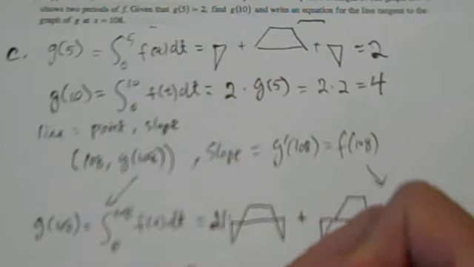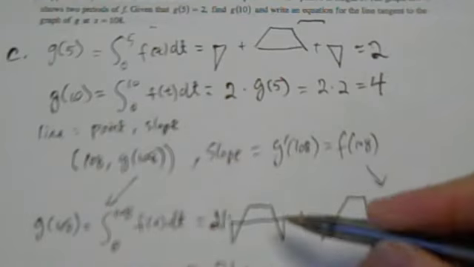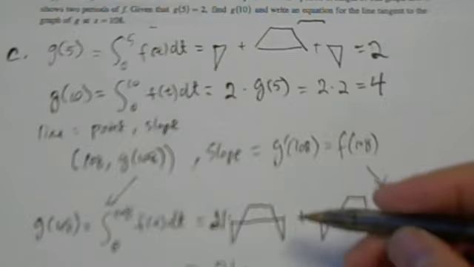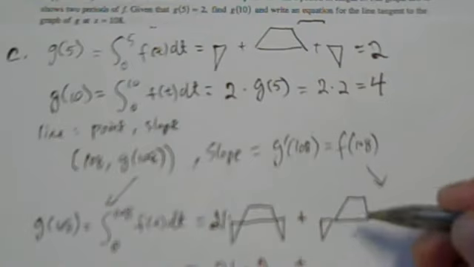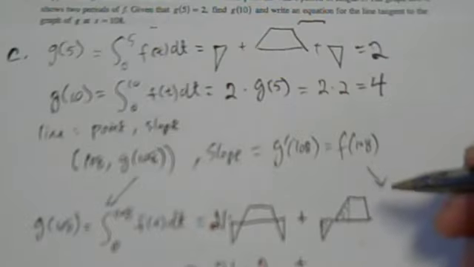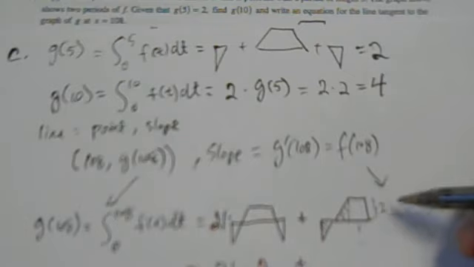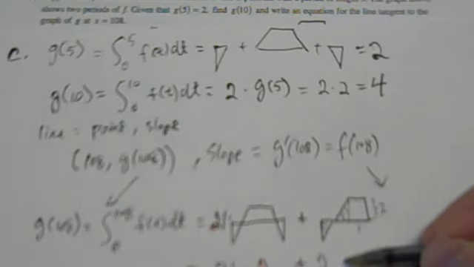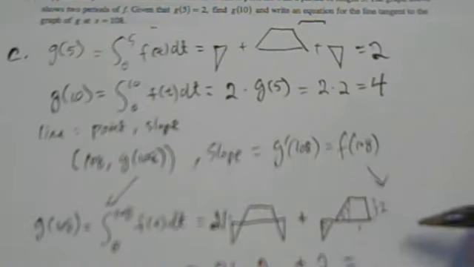Now we know that 21 times this portion we already found earlier, which is 2. And then we need to figure out what this portion is. And this portion, notice, from here to here, they cancel out. And this one is 1 right here, this one is 2 right here, 1 times 2 is 2. So we get 42 plus 2, which gives us 44.